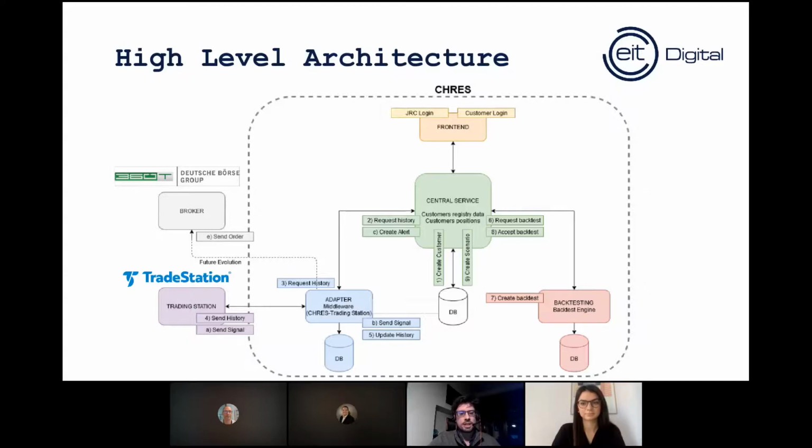The backtesting engine is a very important component of CHRES, and this is the reason why we consider it a separate element. Indeed, this is the process component which allows the customer to choose among the available trading model scenarios in order to perform the hedging of his own investment portfolio.